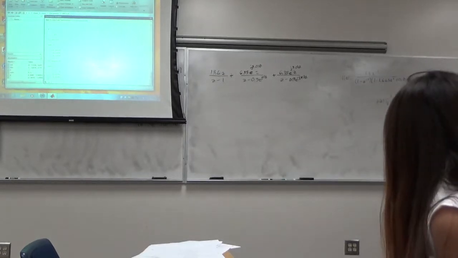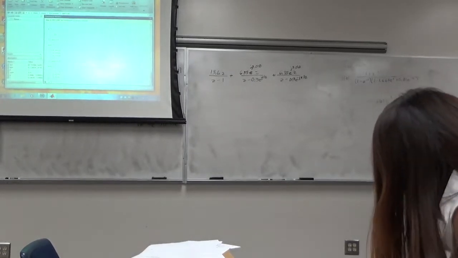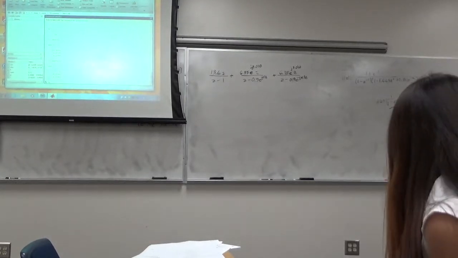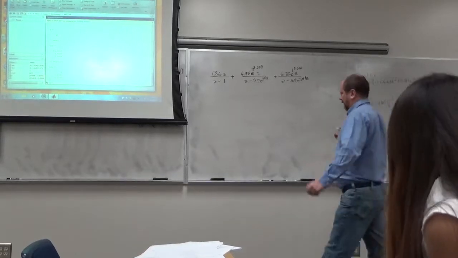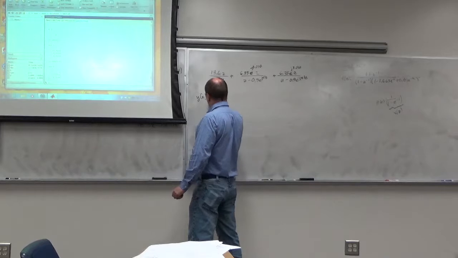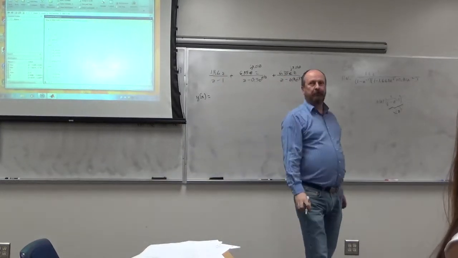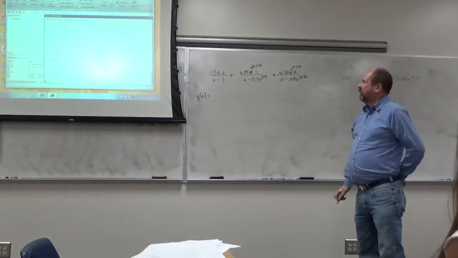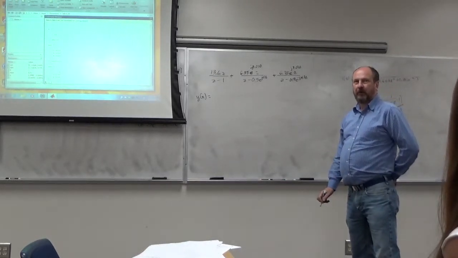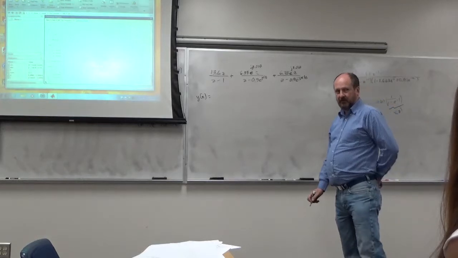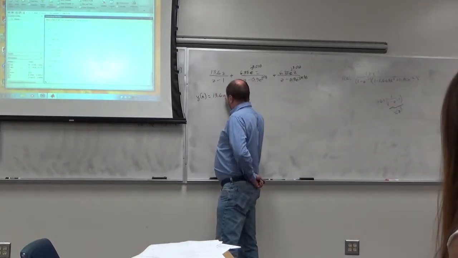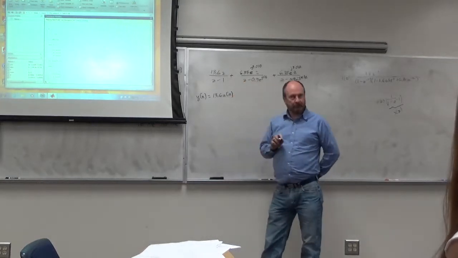Notice we haven't had to do any real pencil and paper work. All we're doing is writing down the results from MATLAB. So, you all tell me what this answer is, and we'll go home. What's the very first one? C over C minus 1. What is it? 13.6. U of n? That's your step, right?